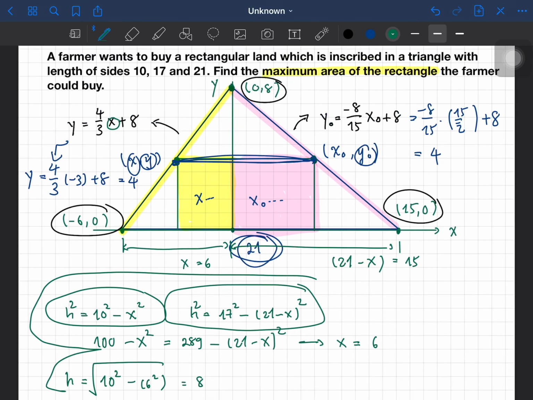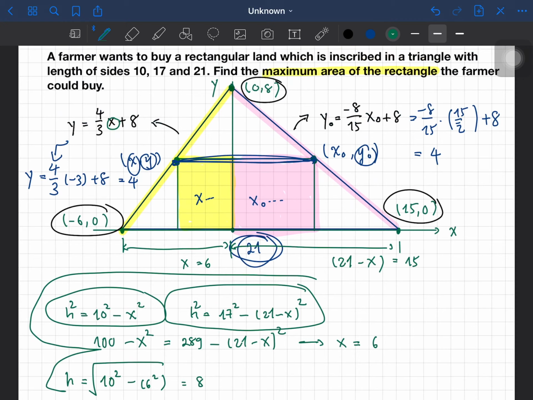And then we name the 3 important coordinates of the vertices of the triangle with concrete numbers, and we display the function of each part of the rectangle, the yellow and the red one, in terms of x or x naught, and we find the x coordinate of the extrema.